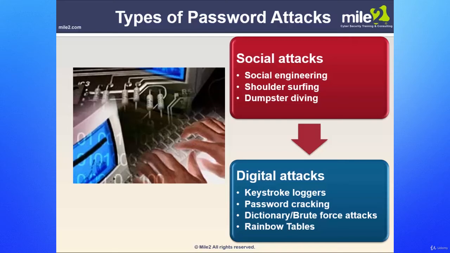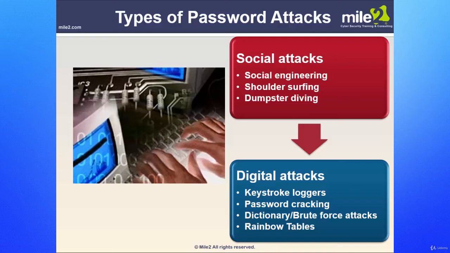All right, let's take a peek at some of the password attacks that we can use. And here, obviously, we get into things like social engineering, right? This is where we can call things in, possibly over the phone. We can show up, do some shoulder surfing. Dumpster diving would also be part of that, right? We have digital attacks, and the digital attacks will go from keystroke loggers to password cracking using tools like Ophcrack, John the Ripper, things of that nature.